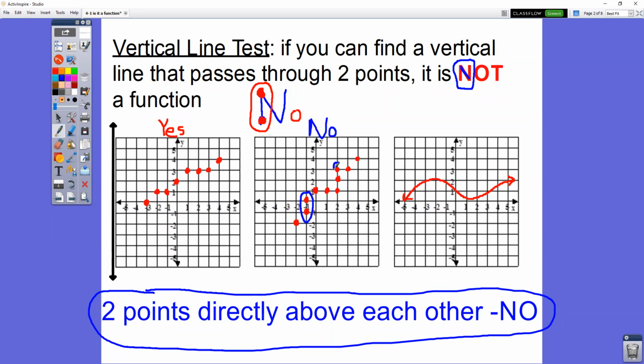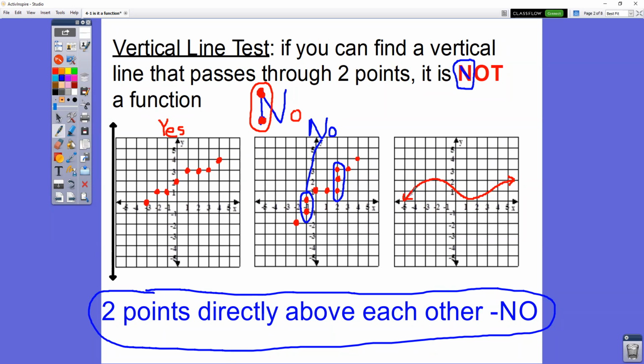This one is also a no because notice right here we have 3 dots. It doesn't just have to be 2 dots. It could be 3 dots, 4 dots, 5 right above each other. Doesn't matter how many, as long as there's at least 2 dots right above each other, that's what makes it a no. Now, take a look at the squiggly line.